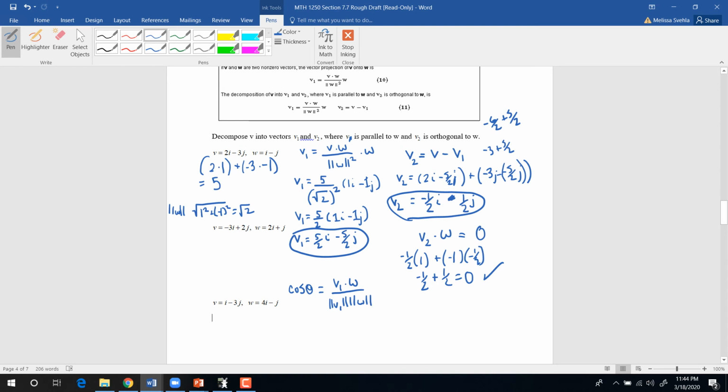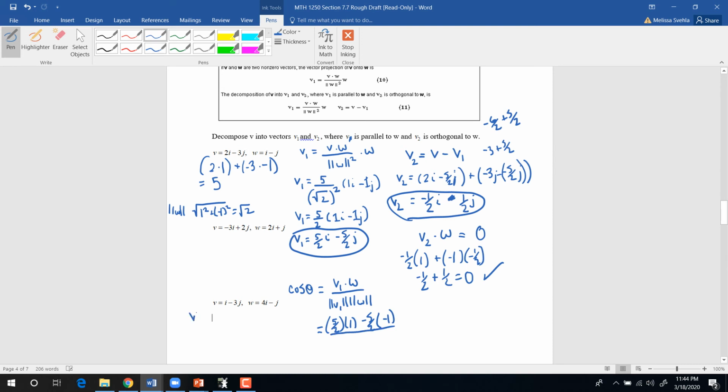It should equal 1, okay? So let's take a look at this. v1 dot w here, I have 5 halves times 1, and then -5 halves times -1.